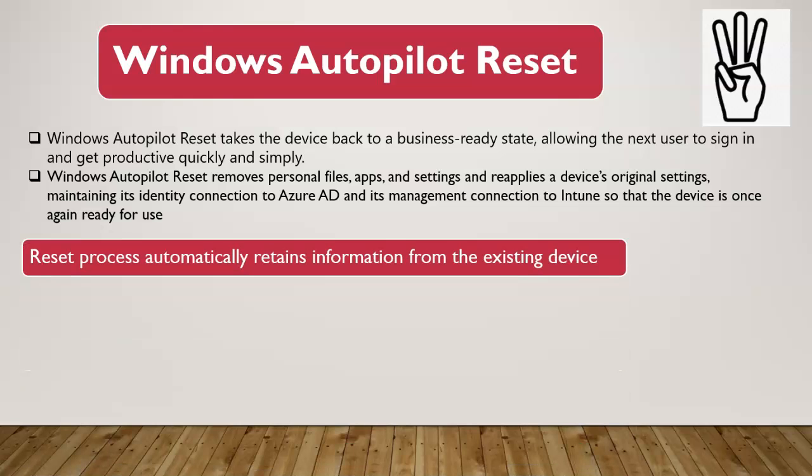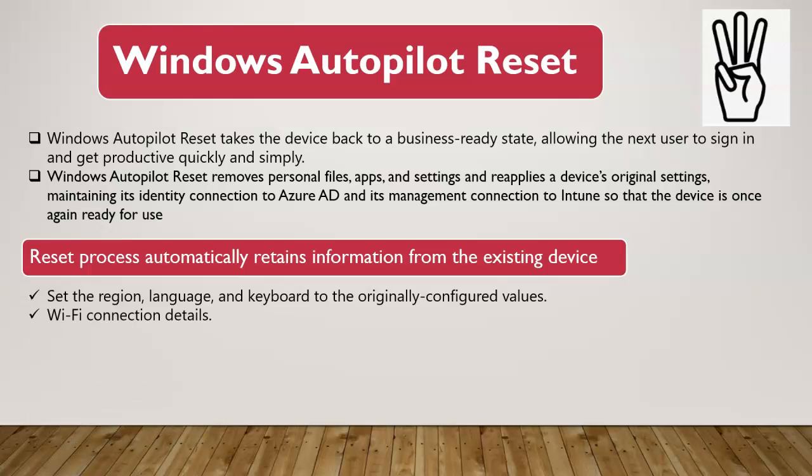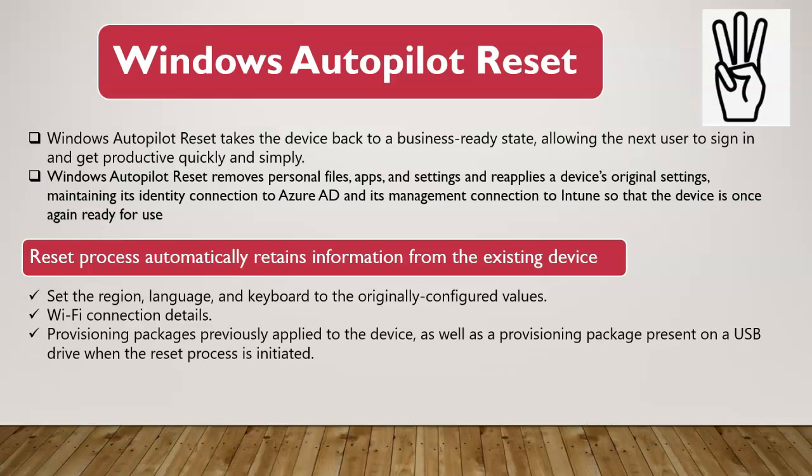Let's check out what the reset process automatically retains from the existing device. For example, region settings, language, keyboard, or originally configured values. These are the values which are configured, including your Wi-Fi connection details and the provisioning packages previously applied to the device. That will all be available, and it will be present on your USB drive when the reset profile is initiated from the USB drive.